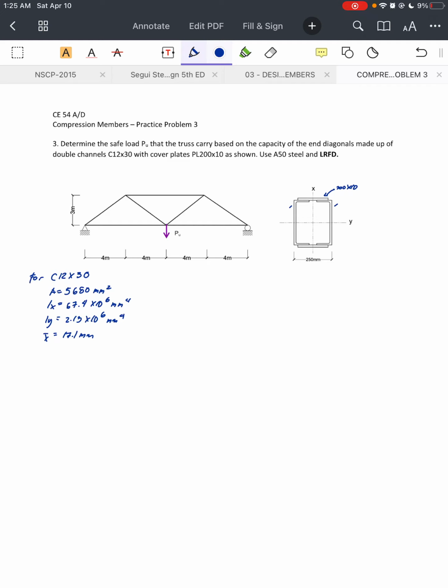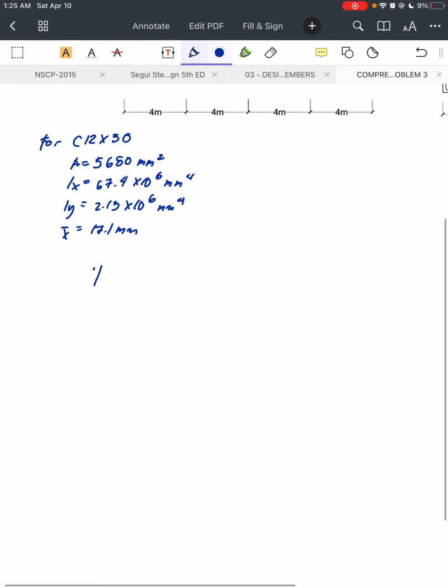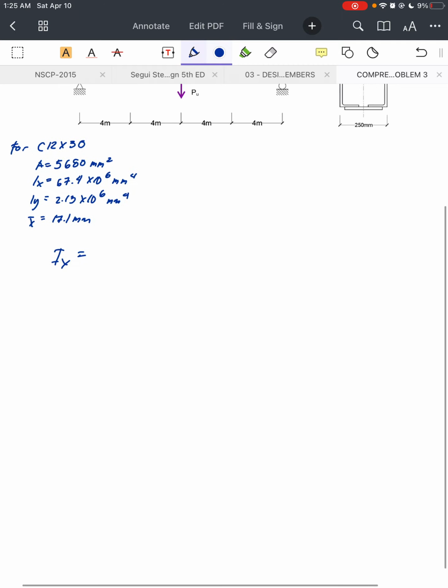Since the weak axis is defined by the moment of inertia, we have to compute the moment of inertia of the total cross section and compare it. For the moment of inertia along x-axis, I will not be explaining how to compute it. I will just show you the whole solution.